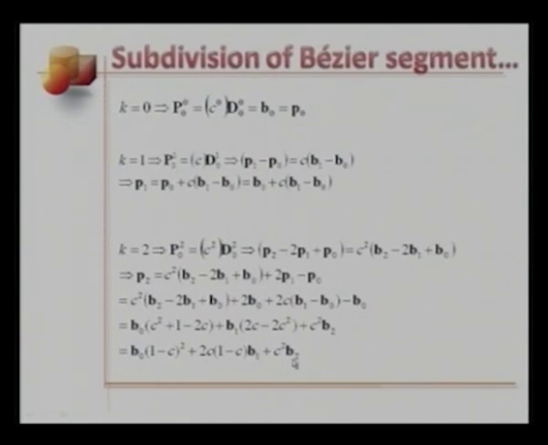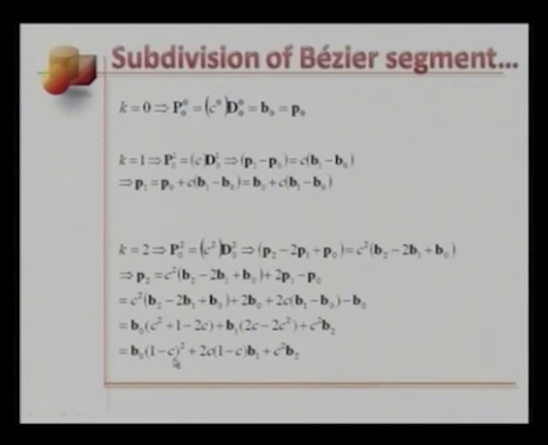plus c squared b2. Now this is interesting. Physically, if you notice, then p2 looks like a point on the Bezier segment, rather a point on the quadratic Bezier segment, defined by control points b sub 0, b sub 1, and b sub 2.